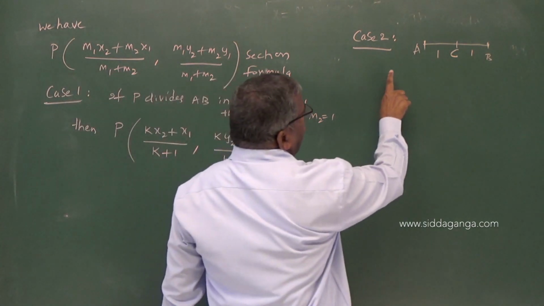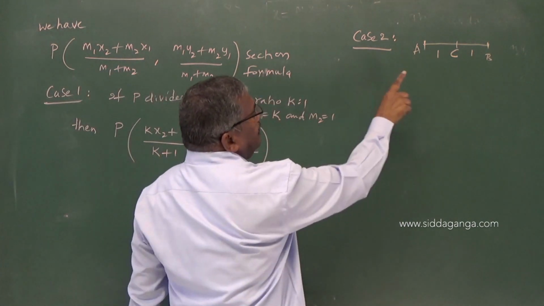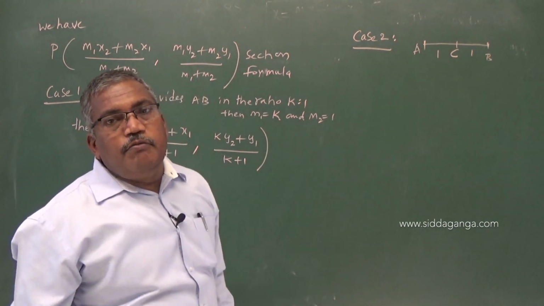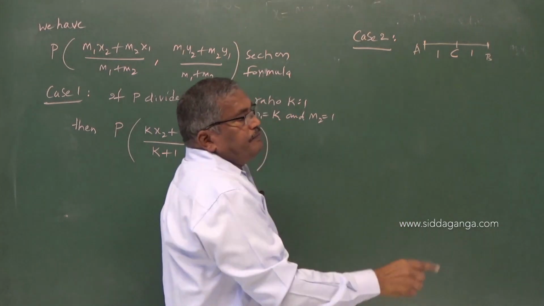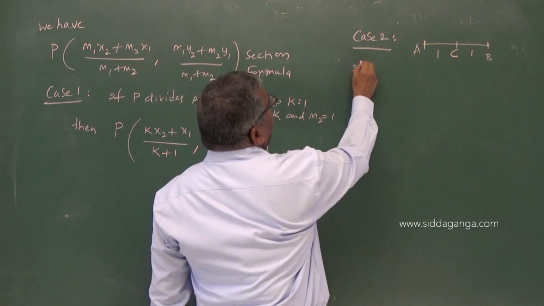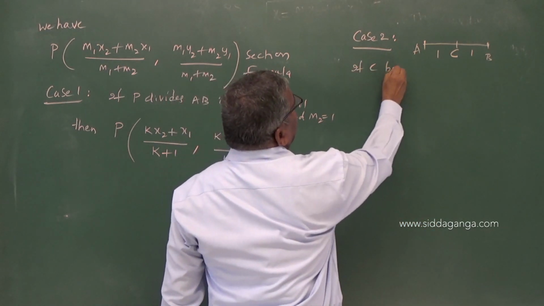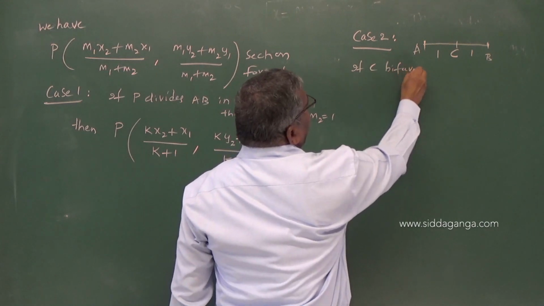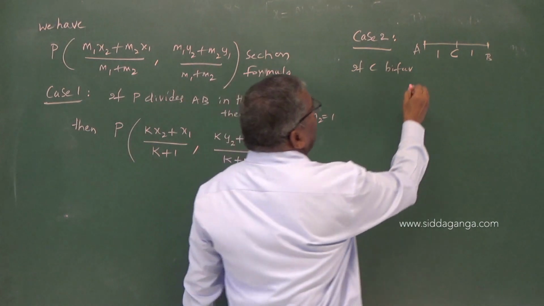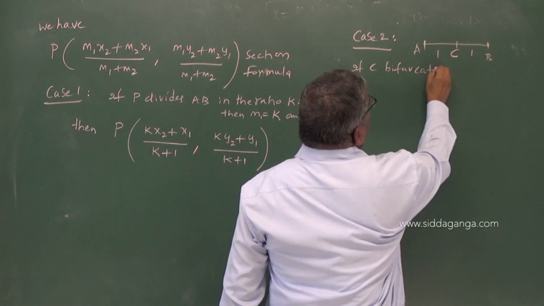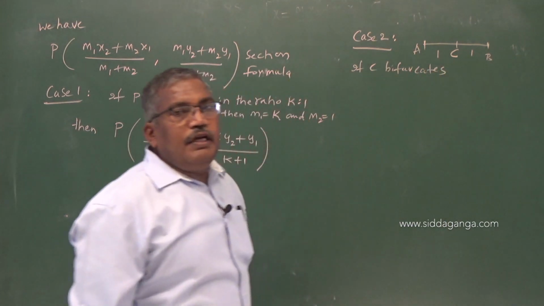So M1 is to M2 is 1 is to 1. Bifurcation means dividing it equally into two parts.